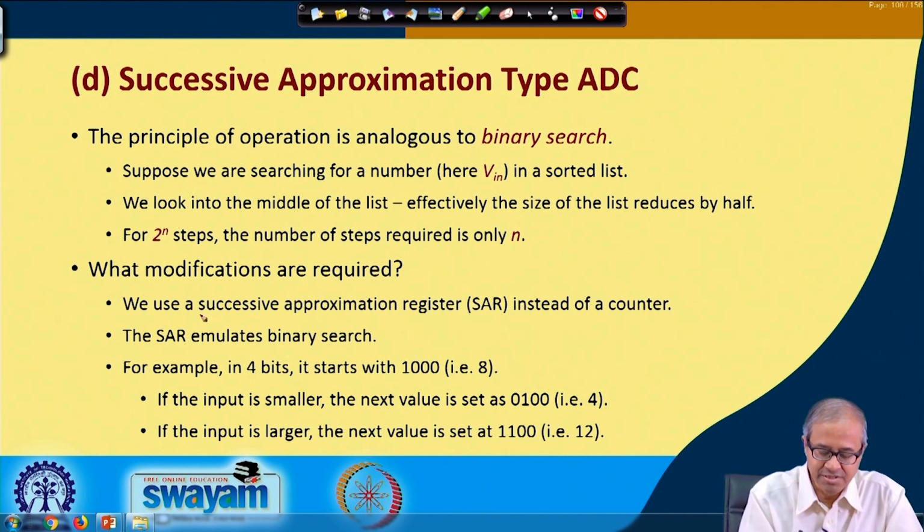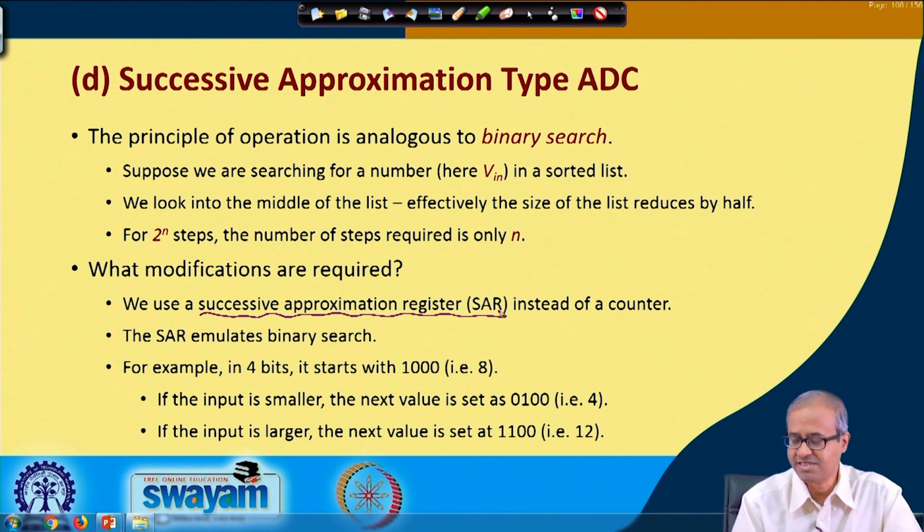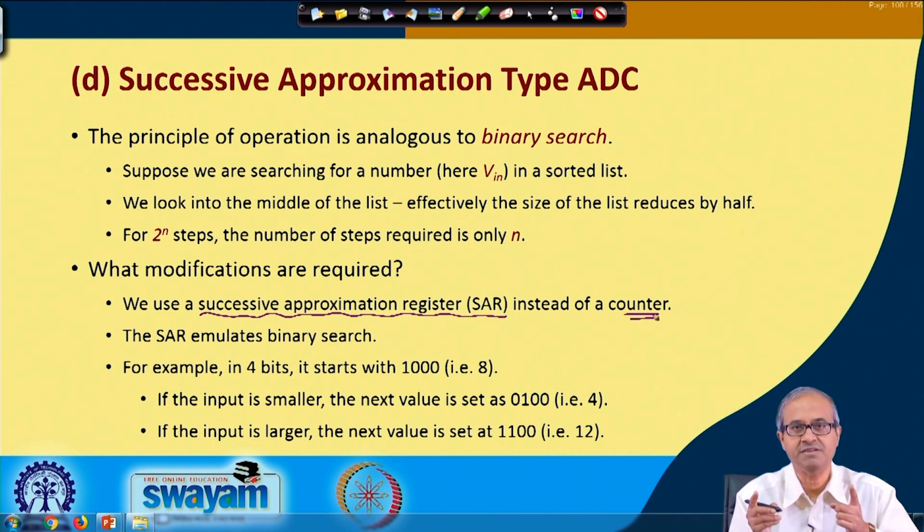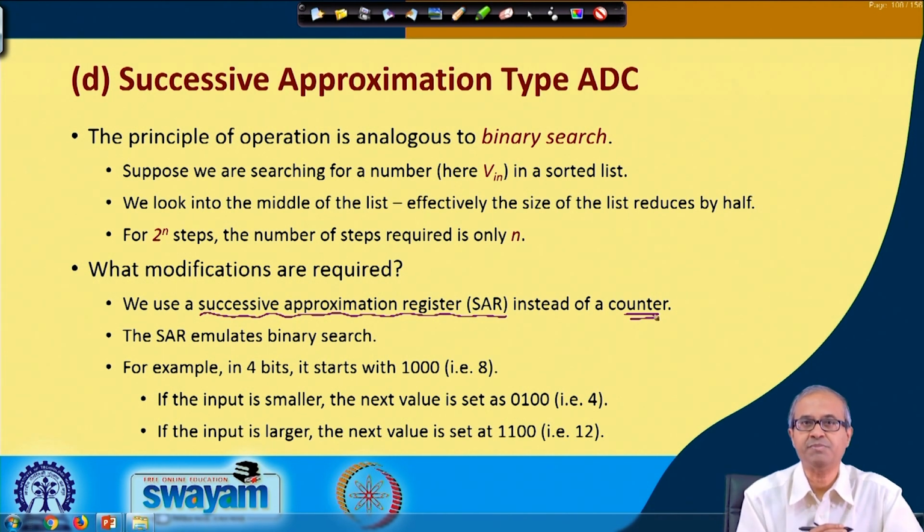We use something called a successive approximation register instead of a counter. We do not use a counter. We use a special kind of register called a successive approximation register. Let us say for 4-bit AD conversion, it is easier to explain. Let us say we initialize this register with 1000.